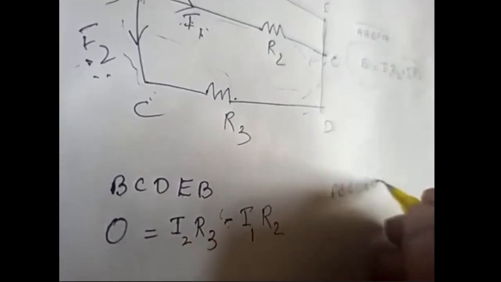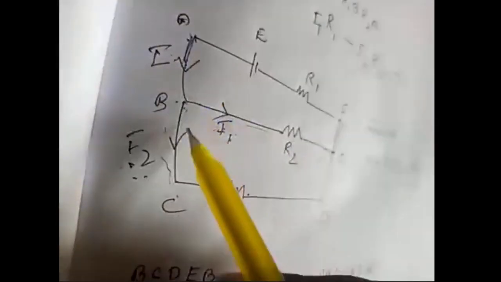Okay, what will be the equation of A, B, C, D, E, F, A? That is this large loop. Then what is the total EMF present in that loop?